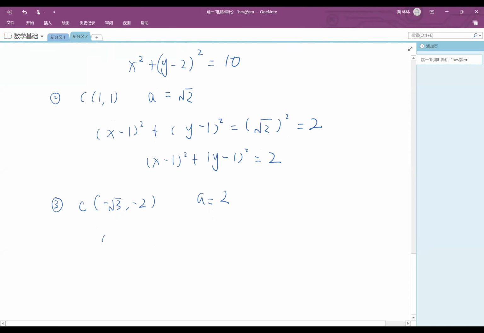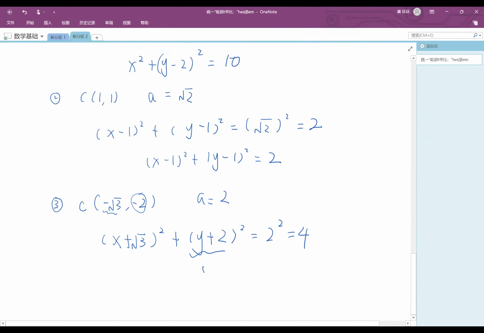So the equation of this circle will be x minus negative square root of 3, which is x plus square root of 3, squared, and plus y minus negative 2, which is y plus 2, squared, is equal to 2 squared. 2 squared is equal to 4.